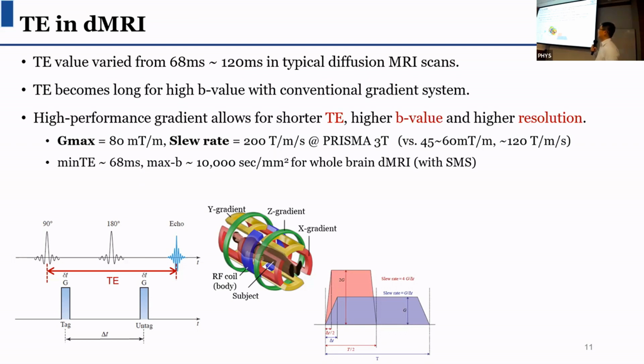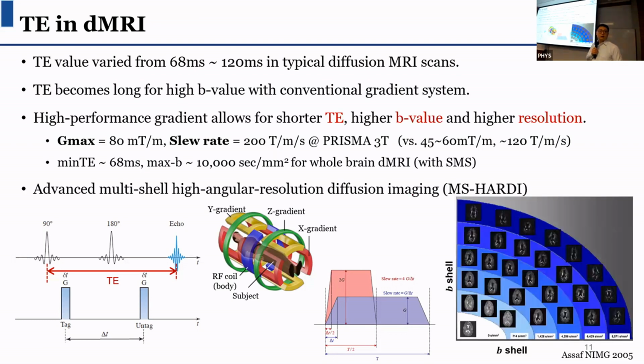Also for the whole brain, but you need to use the technique called simultaneous multi-slice imaging. Another good thing is we chose the Prisma scanner because of this merit. So it's very good for advanced multi-shell HARDI imaging. That means you have many different directions, more than 60 or even 90 directions, and different B values for multi-shells.